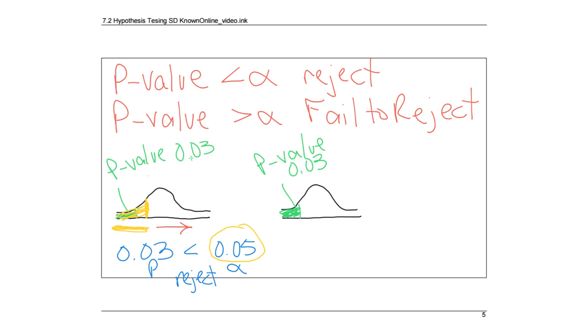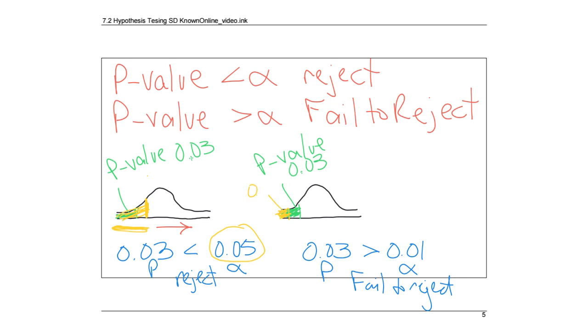Okay, so let's look at the other one here. Let's say I have 0.03, and let's let alpha be 1%. Okay, so this time my p-value is greater than my alpha, so I'm going to fail to reject. And what happens is my rejection region is over here. It's very tiny.